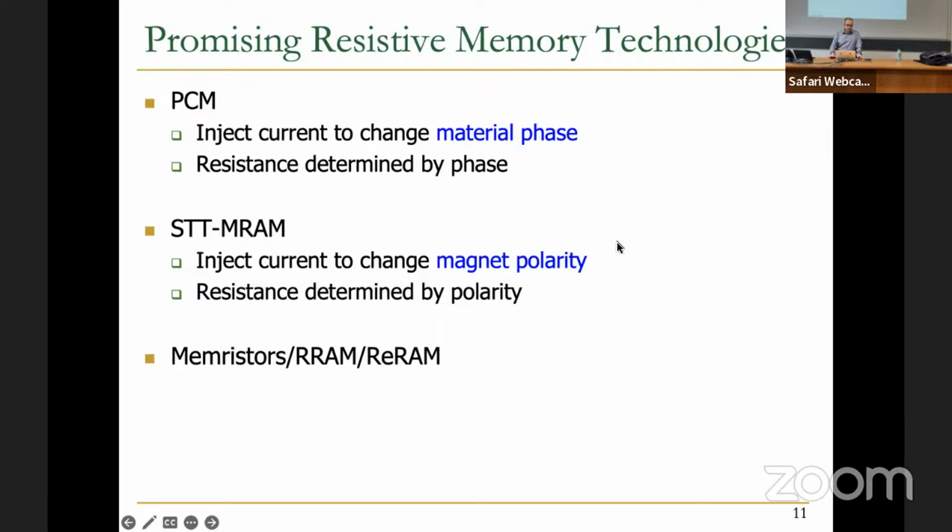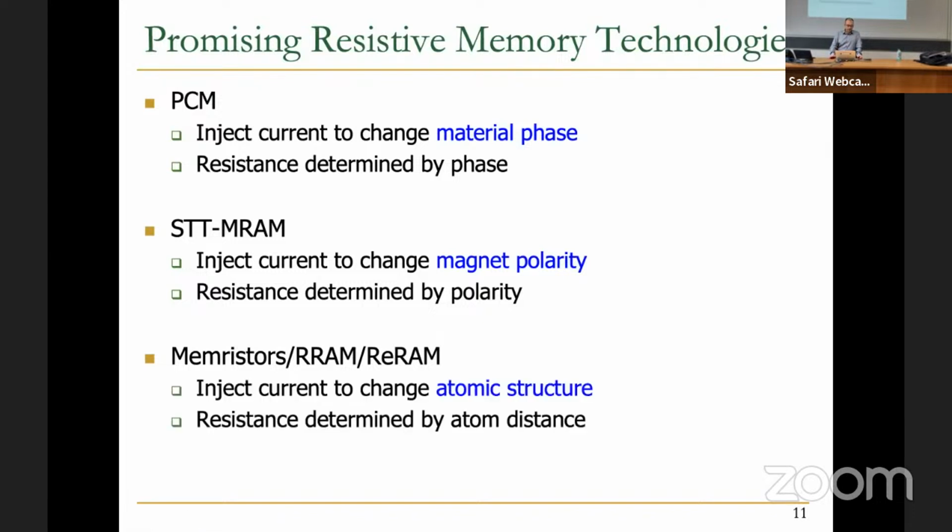Memristor and ReRAM we're not going to discuss a lot today, but they have a similar fundamental approach: you inject current to change atomic structure, and resistance is determined by atom distance. Basically, there is a way that you can change or determine resistance, and that's the key difference here.